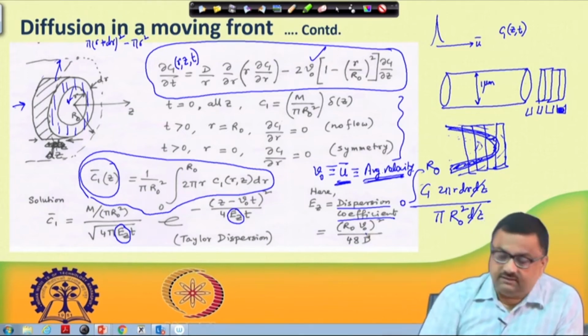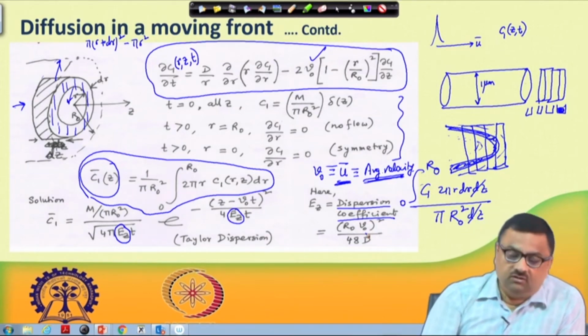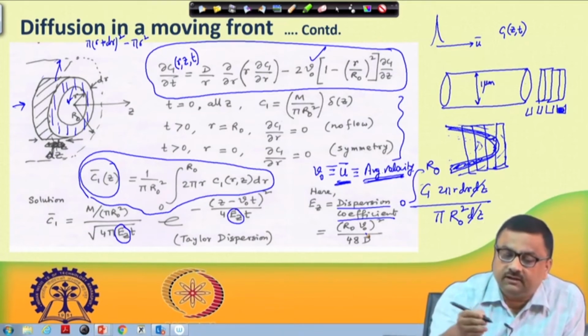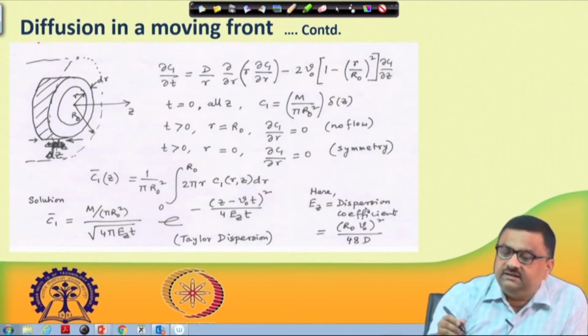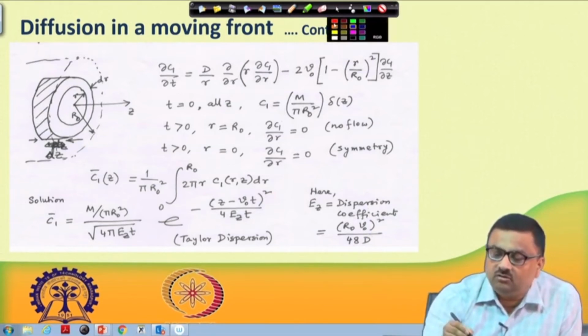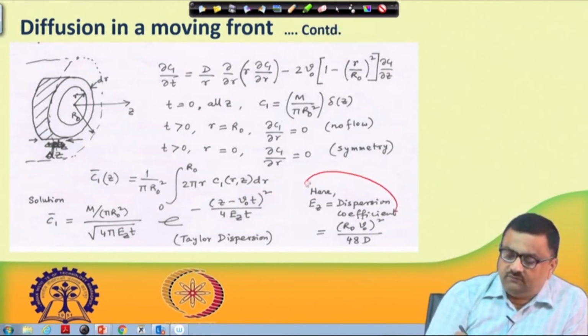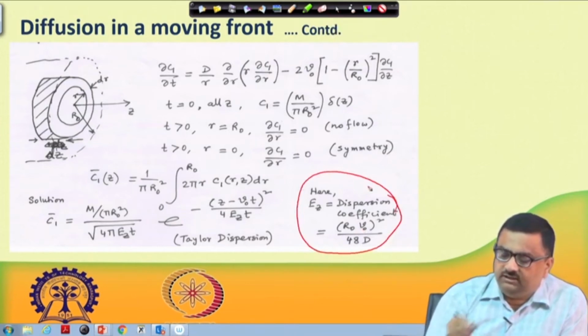This has some implications. Ez is equal to r naught v naught square by 48 D.